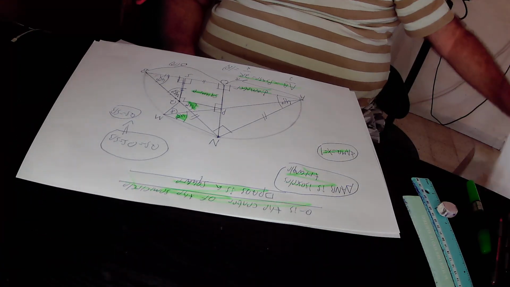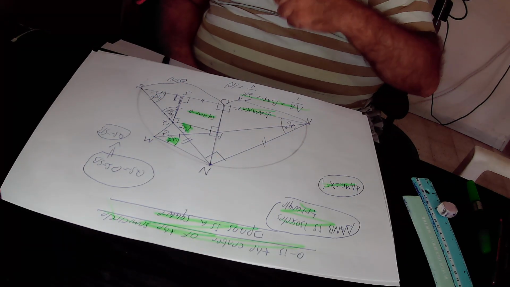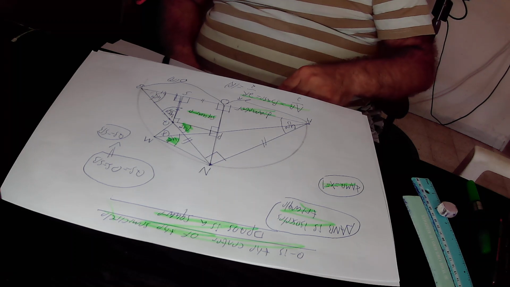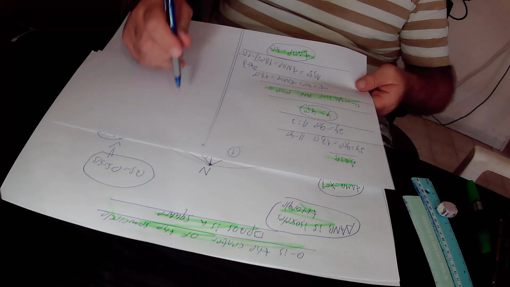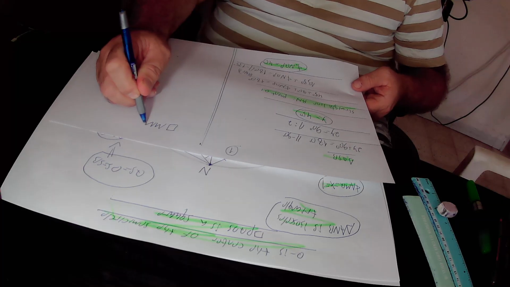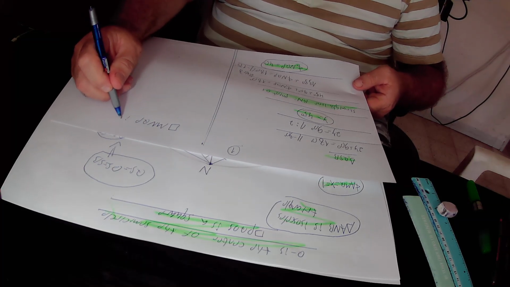So we can write down that quadrilateral NMQP is a cyclic quadrilateral, that is to say, it can be inscribed by a circle.